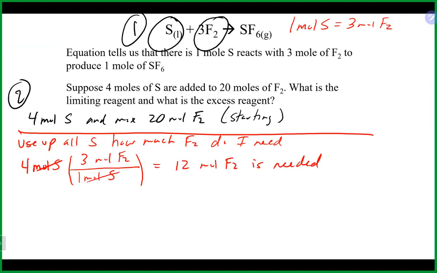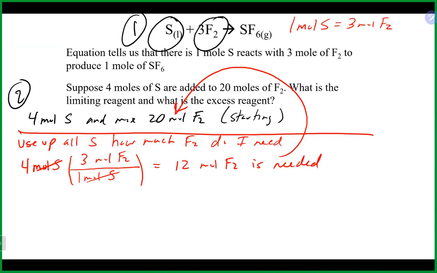So what this little calculation is telling us, if I wanted to, like I said, completely use up all the sulfur, I would need to put in there 12 moles of fluorine. So how do I know if I have enough? I'm going to look at how much I need to how much I'm starting with. So in this case, do I have enough? I need 12. I started with 20.